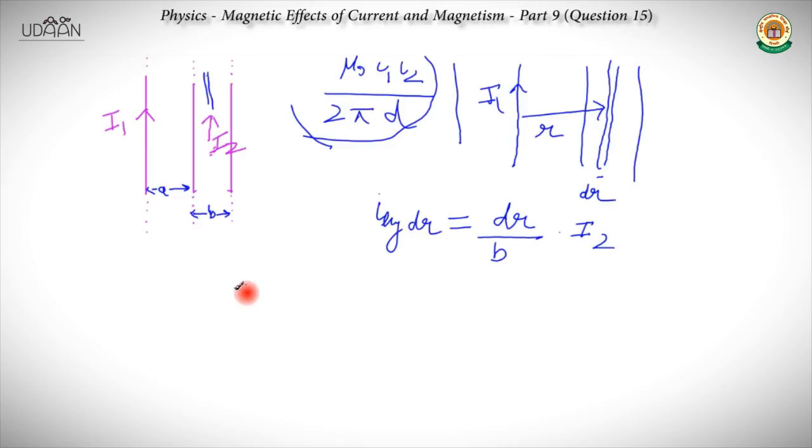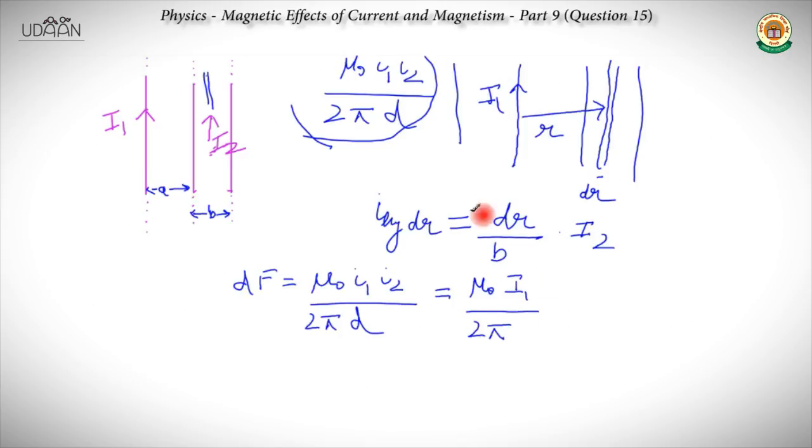Now let's go to the force. dF equals, as we saw for two wires, mu naught I1 I2 by 2 pi into the distance between them. In this case it equals mu naught I1 by 2 pi, the distance is r, and I2 is dr I2 divided by b.